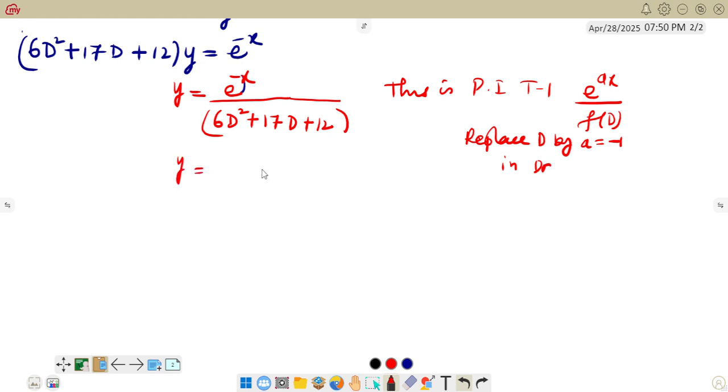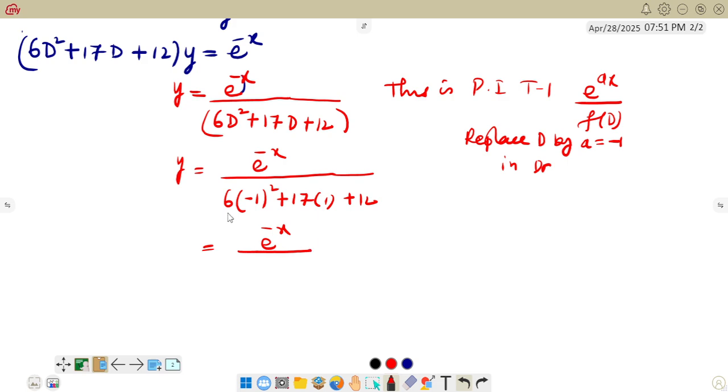So y is equal to e raised to minus x as it is, divided by 6 times minus 1 whole square plus 17 into minus 1 plus 12. This is e raised to minus x divided by 6 into minus 1 whole square, which is 6, minus 17, plus 12. So 12 plus 6 is 18, and 18 minus 17 is 1. So e raised to minus x divided by 1 is the yp, students.